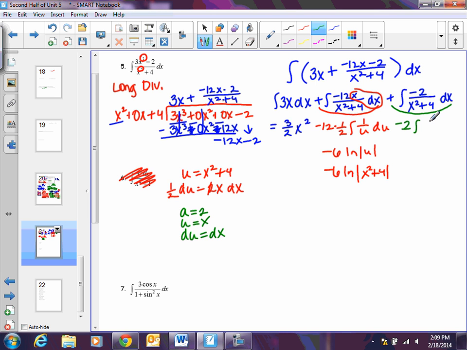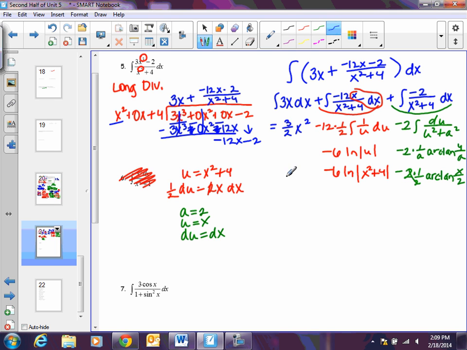So this is going to be du over u squared plus a squared, which is 1 over a arctan u over a. Well, in this problem, 1 over a, that's 1/2. Okay, that's going to cancel there. Arctan, U is x, a is 2.